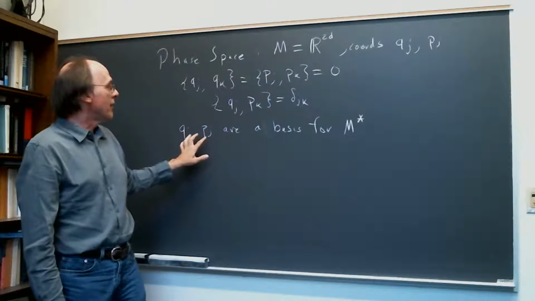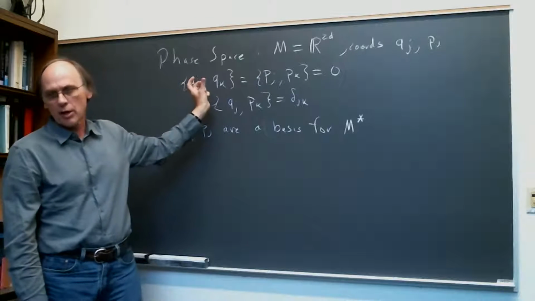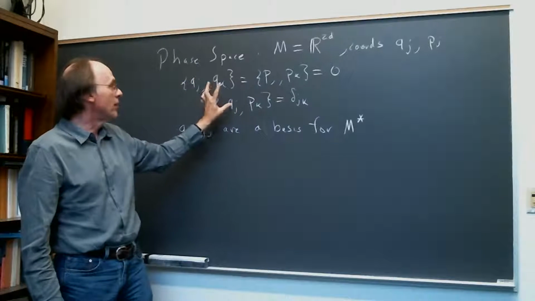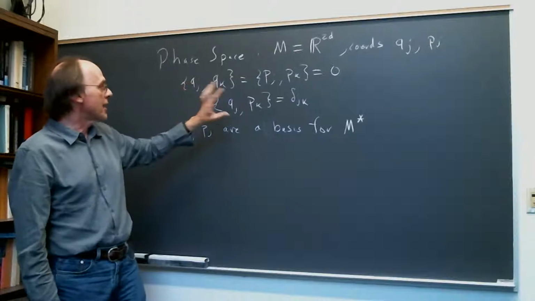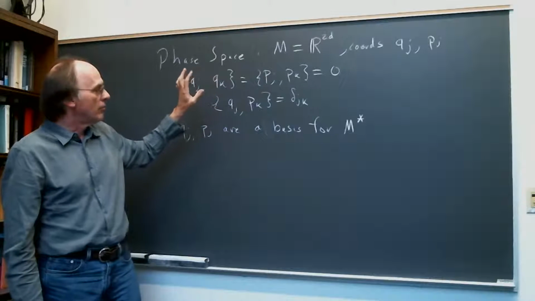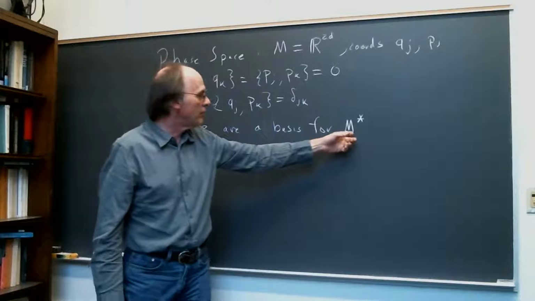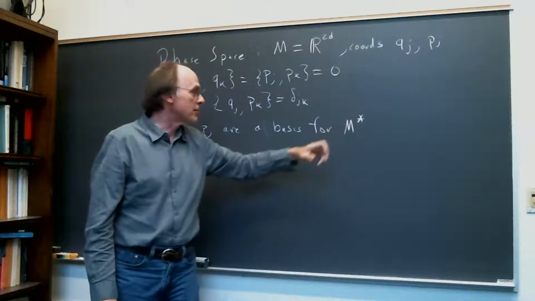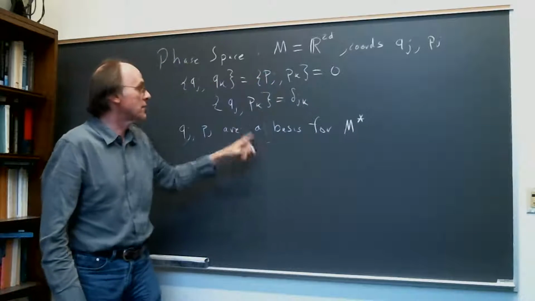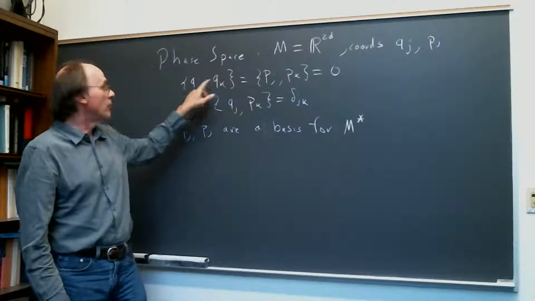Instead of having a symmetric inner product, there's an anti-symmetric bilinear form. There's an anti-symmetric bilinear non-degenerate form on M star, which on the basis vectors for the dual behaves like this.